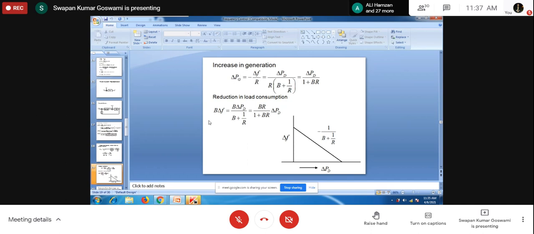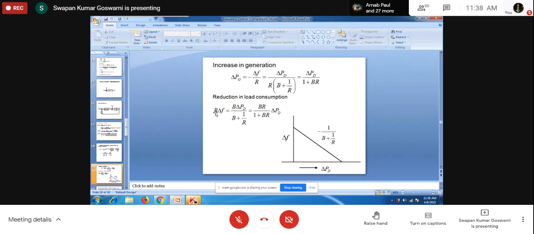Whatever reduction in frequency is there now, had the load not been sensitive to frequency, it would have been much higher. So this particular parameter B is behaving as a damper to the frequency variation.